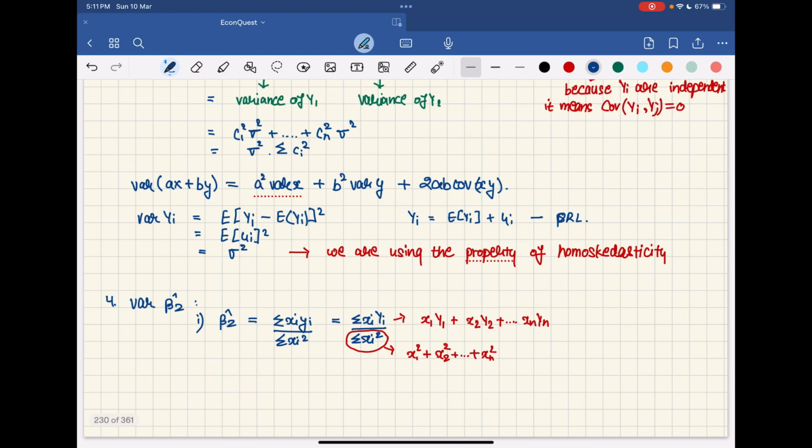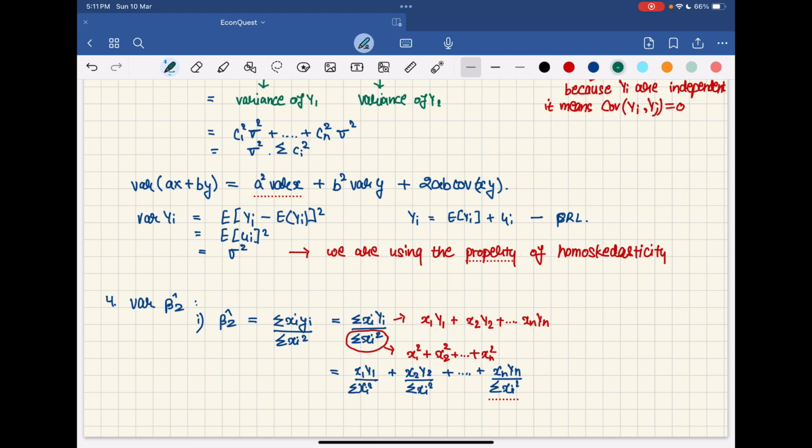So it means this formula is equal to x1 y1 divided by sigma xi square plus x2 y2 divided by sigma xi square till xn yn divided by sigma xi square, right?